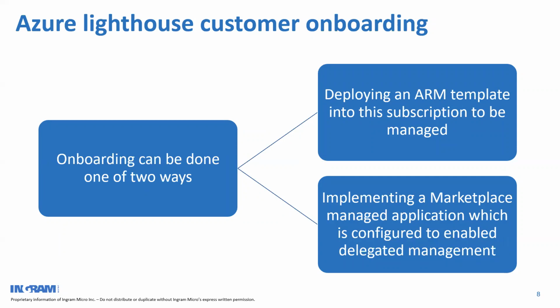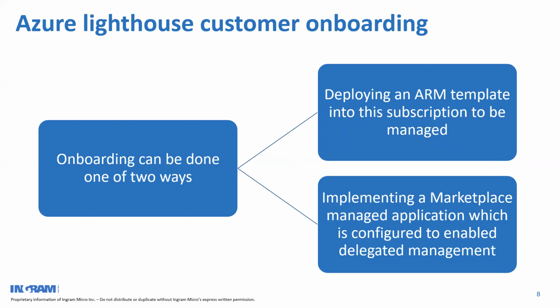And once it is done, all you need to do is just run this deployment script in the customer subscription. As soon as you run it, the customer gets onboarded onto your own portal or onto your own Azure subscription, or the customer's resources get projected into your own subscription. So that is option number one.